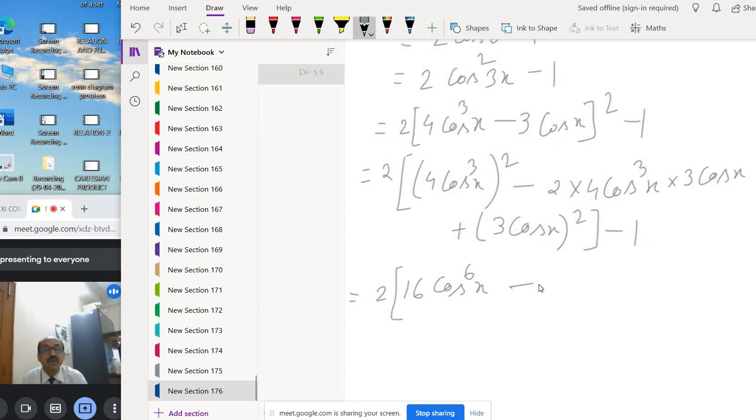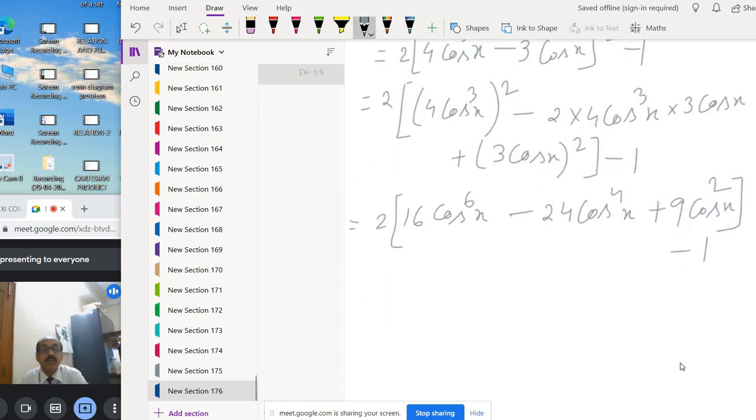So 24 cos cube x into cos x, that is cos to the power 4x, plus 3 cos x whole square, 3 square is 9, 9 cos square x, okay, minus 1.